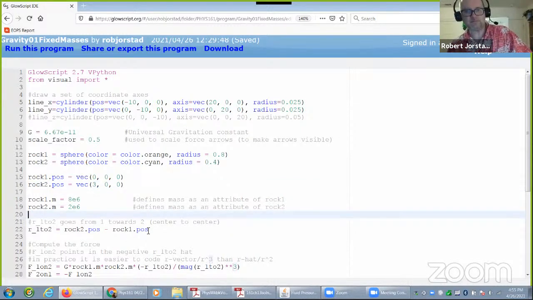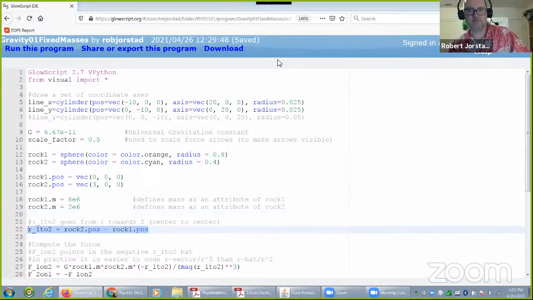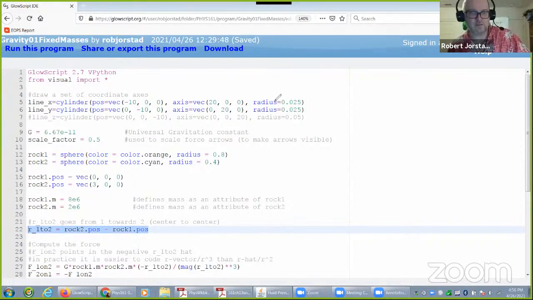Okay. Look at this vector here, R1 to 2. Again, I'm going to show you this. So let's say here, rock 1 is orange, and it's at the origin here.